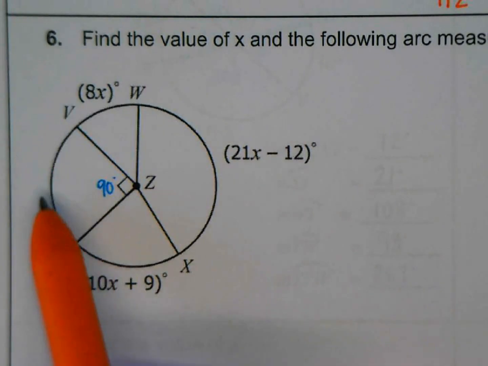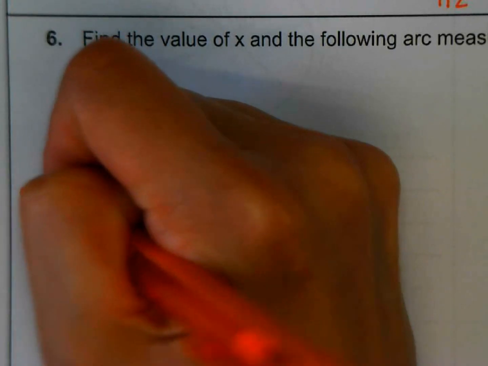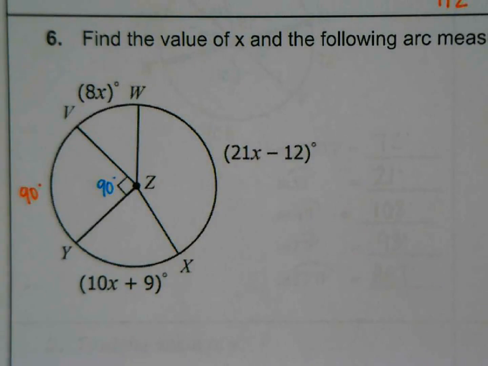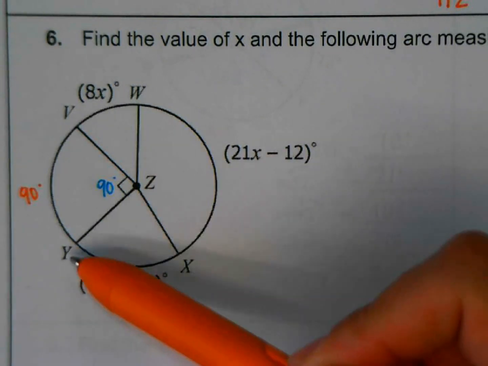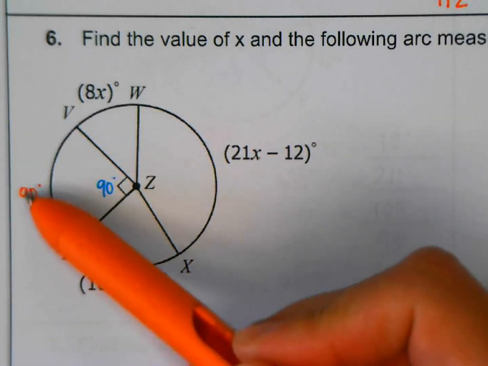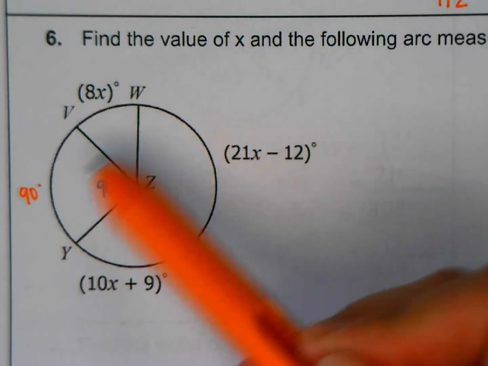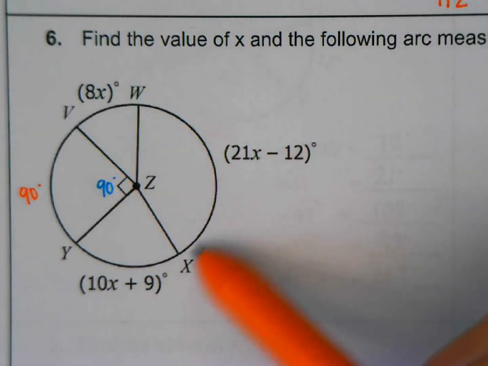Did you guys notice something in this picture? We have labels for every single arc all the way around. There's one here and here and here and here. All 4 arcs. That's a full circle.